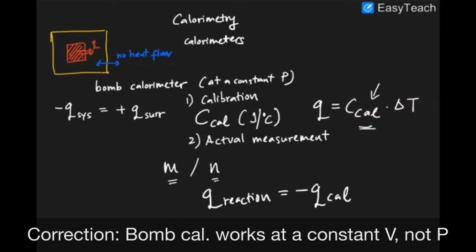And from here, we also can calculate what we call the energy density, which is equal to the minus Q of the reaction divided by the mass of the material.